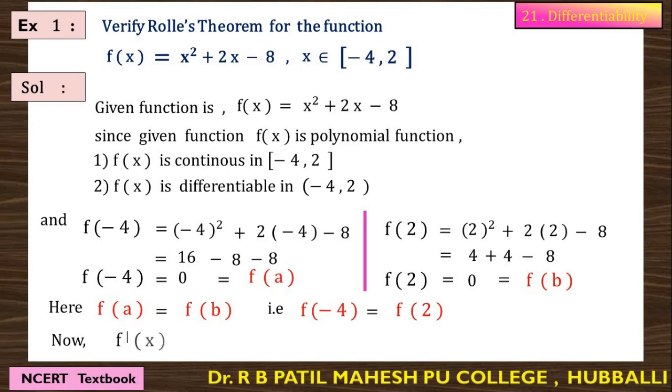Now f dash of x is equal to, because in Rolle's theorem we need the f dash of c point, so find the derivative of the function x square plus 2x minus 8. Differentiating f of x with respect to x, you will get 2x plus 2.